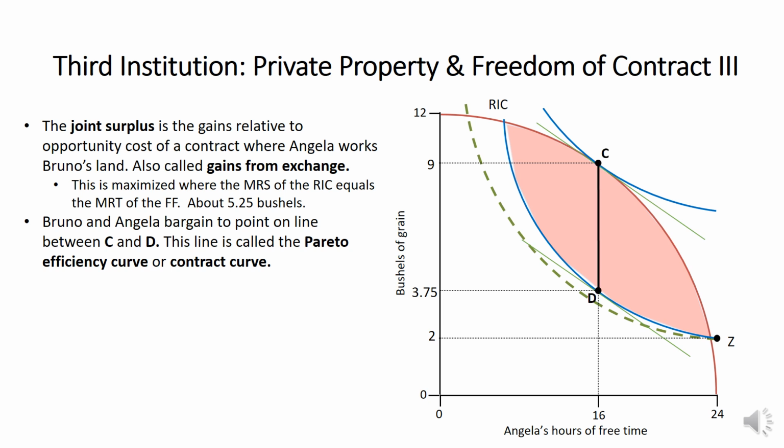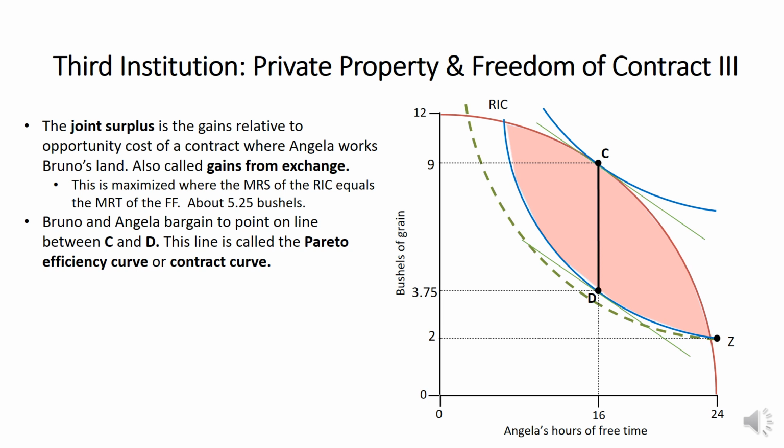We draw a line between points C and D that represent the allocations that Bruno and Angela could agree on that have the property of maximizing the joint surplus, having her working for 8 hours. And we call this line the contract curve, or the Pareto efficiency curve.